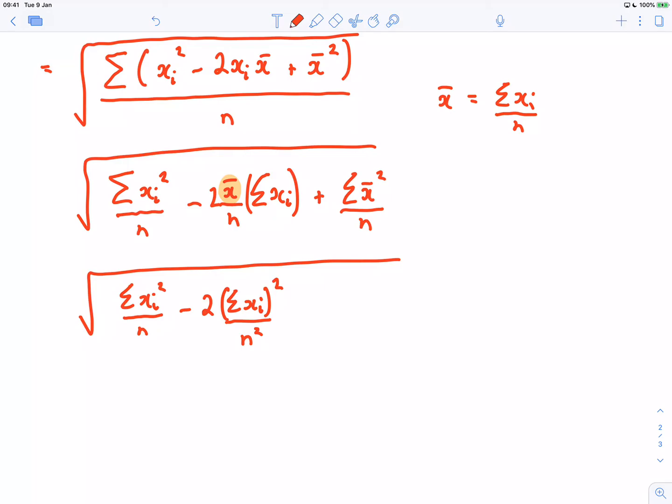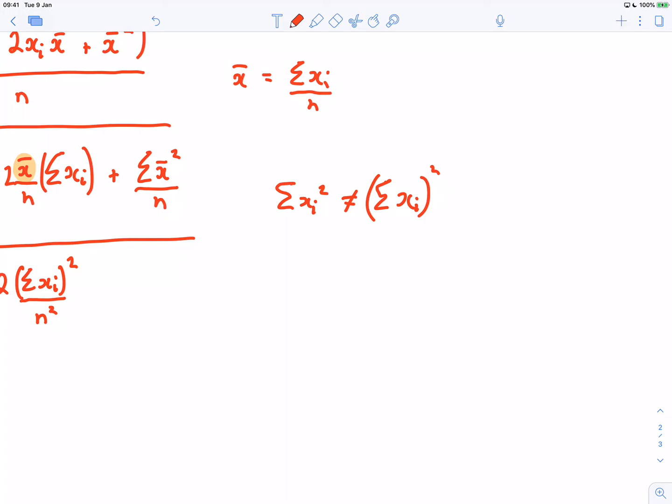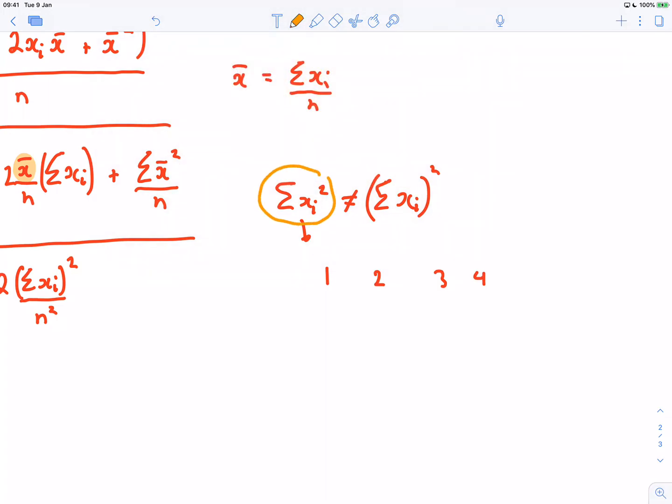Okay, now notice the sum of xi squared is not the same as the sum of xi all squared. Let's say we're dealing with 1, 2, 3, 4. Then the sum of xi squared means you square the x's first and then sum them. So this will be 1, 4, 9, 16.